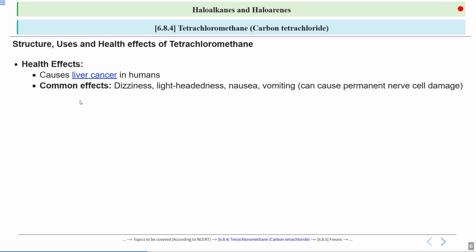Severe cases include rapid stupor, coma, unconsciousness, or even death. So carbon tetrachloride can even cause the death of a human being. This is so harmful.